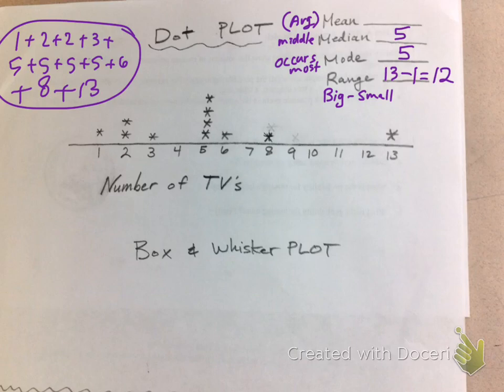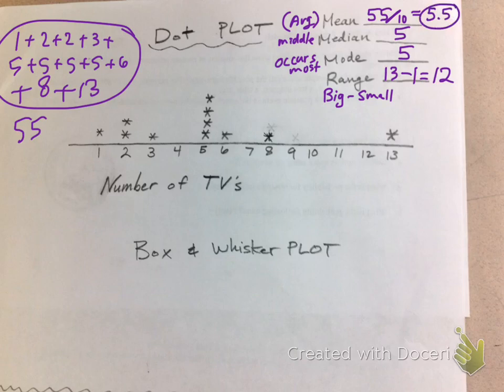My brain hurts. 21, 41, 47, 50, 52. I get 55. So the average is 55 divided by how many numbers there were. There's 10 numbers. So 55 divided by 10 is 5.5 is the average.